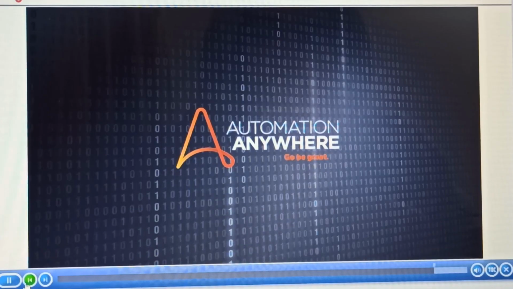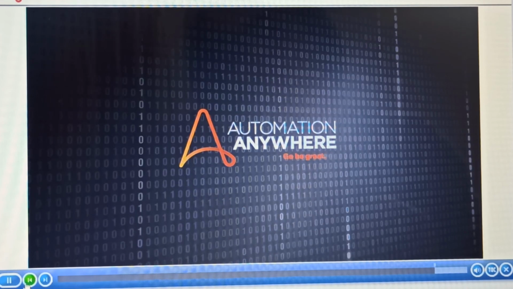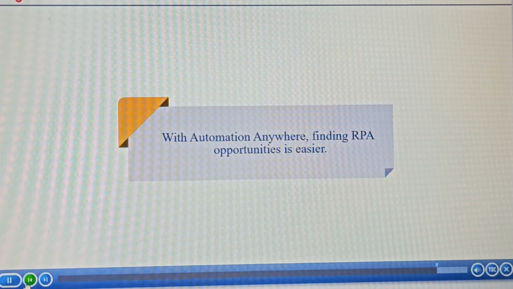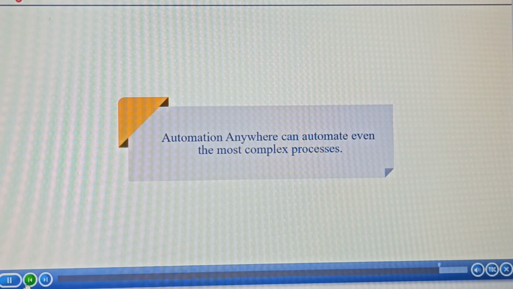And that is my favorite time to walk into a customer meeting. You walk into the conference room and... Anywhere, the road to finding RPA opportunities becomes easier. Automation Anywhere is a product without boundaries, which can automate even the most complex processes.